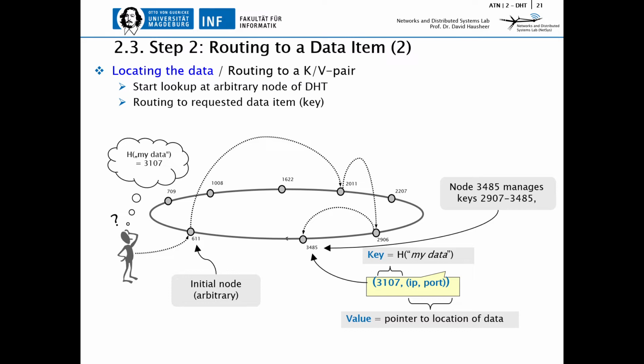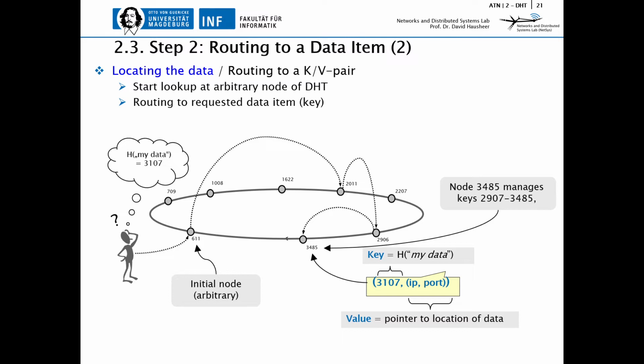So here in this case, we have a requester that is looking for the data item "my data", and so what it does is it applies the hash function and then gets a number, in this case 3107, that the DHT routing mechanism needs to forward the query to. The requester can start at any arbitrary node as initial node, and from this node, which here in this case is 611, the query is then routed until eventually the responsible node is found.